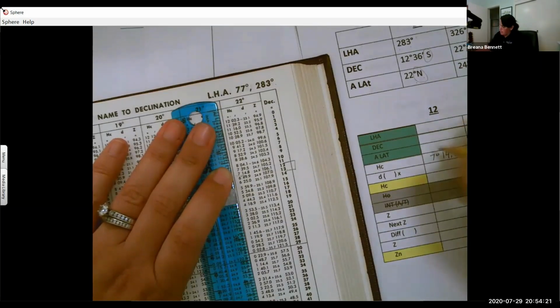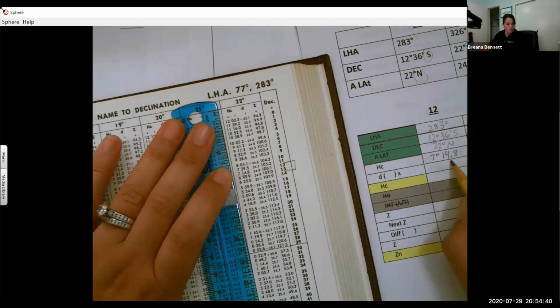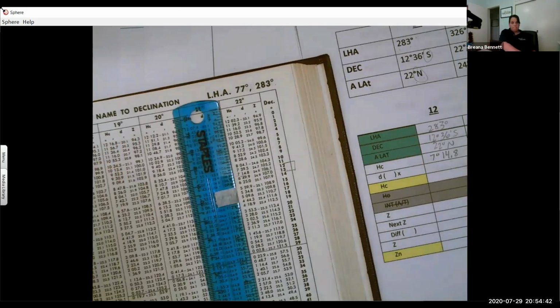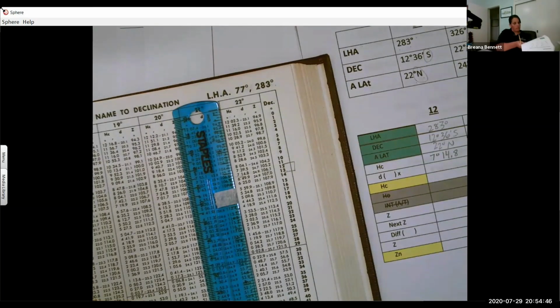I didn't put this in, but we have LHA of 283, declination 12 degrees 36, latitude 22 degrees north. Okay, so did everyone see where we got this 7 degrees 14.8? Right track here, okay.